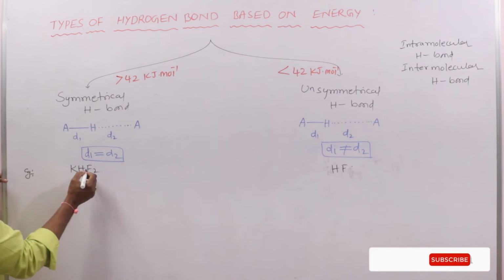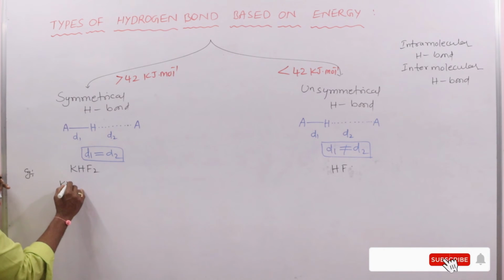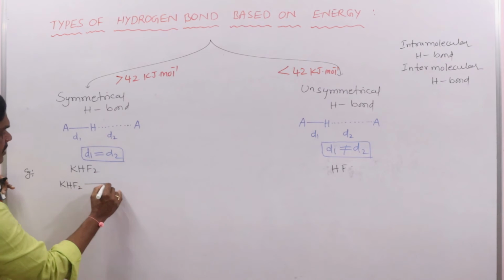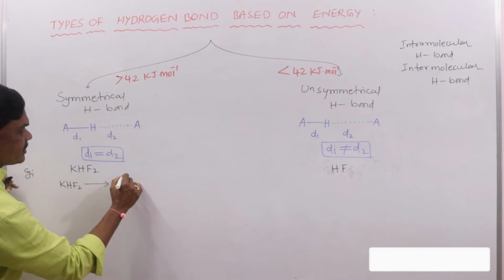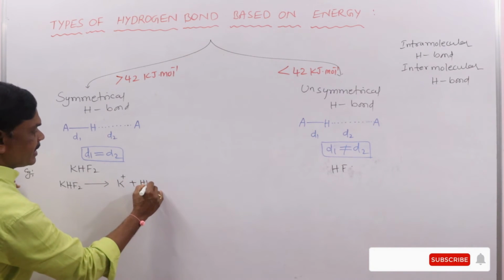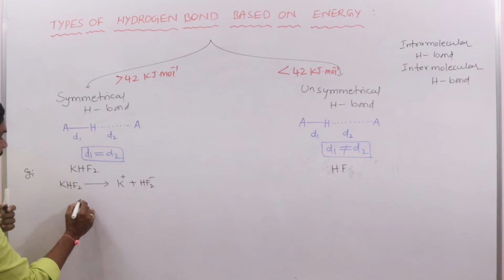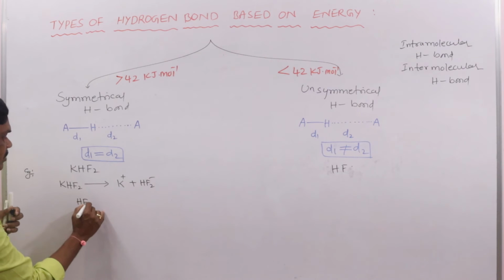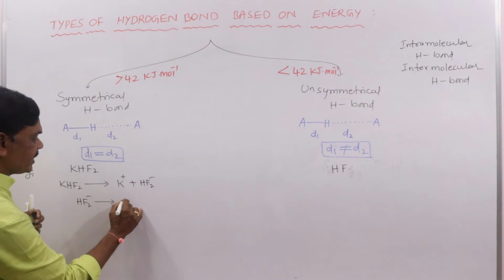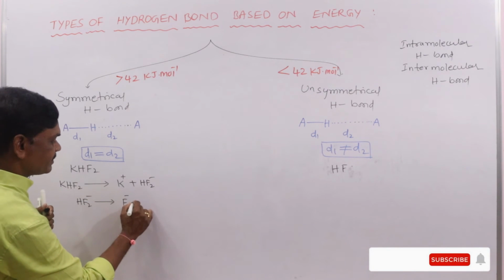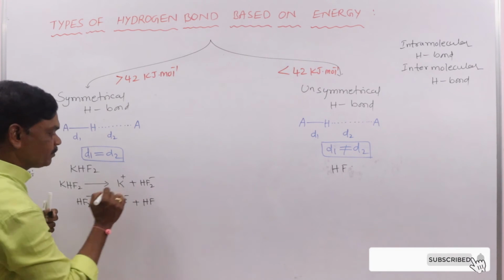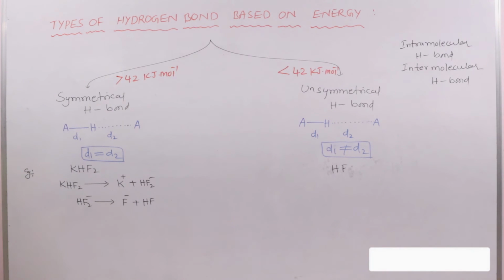Now KHF2, on dissociation, gives K plus and HF2 minus. That HF2 minus again gives F minus plus H plus.